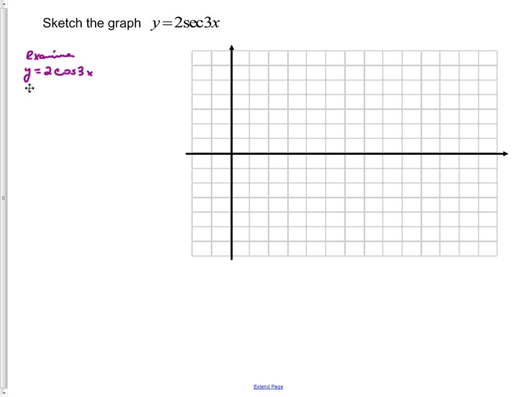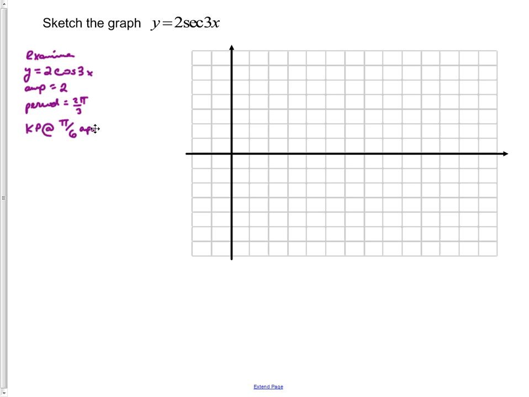Well, this is a function that would have an amplitude of 2 and would have a period of 2 pi over 3 and would have key points located at pi over 6 apart.